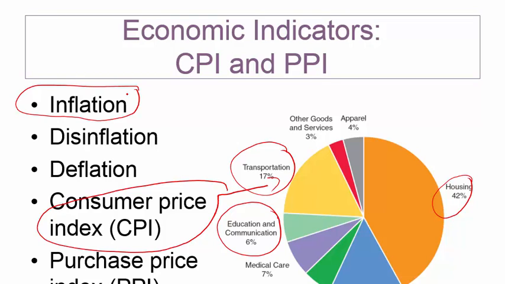And when he did that, because it collapsed the housing market, that had a terrible ripple effect throughout the housing market and eventually the economy. Okay, so that's called Consumer Price Index.